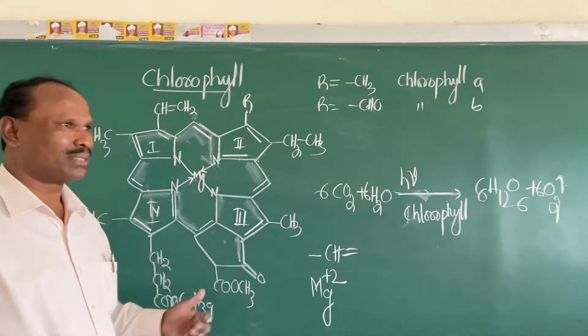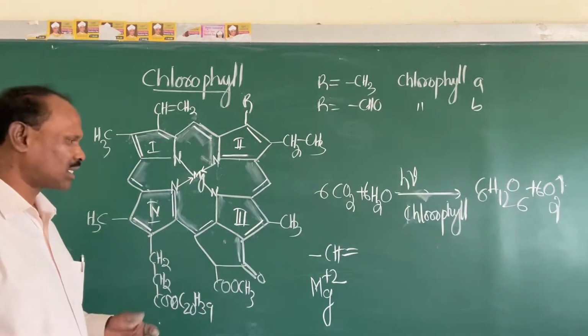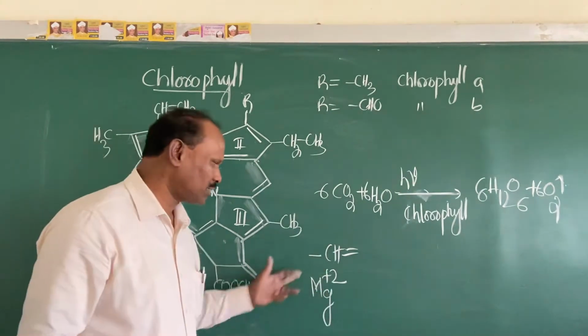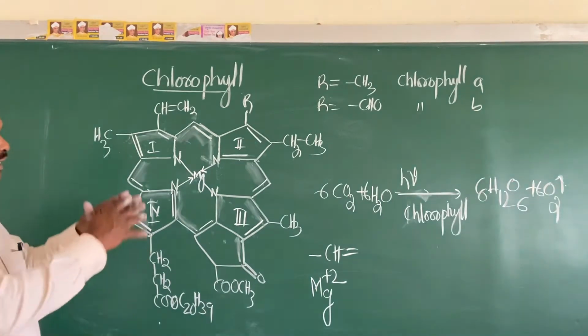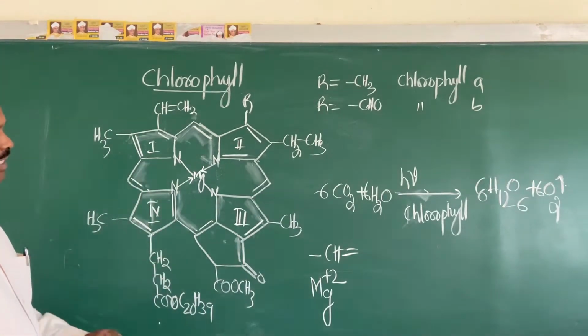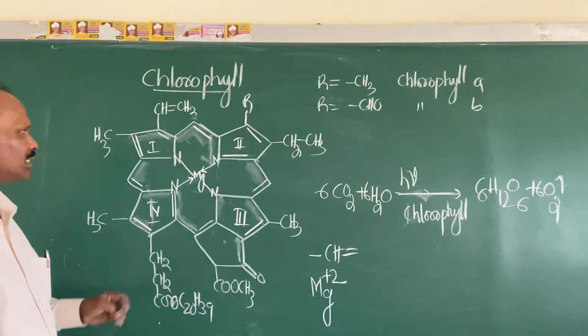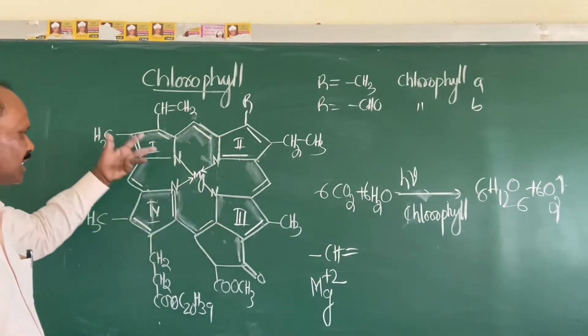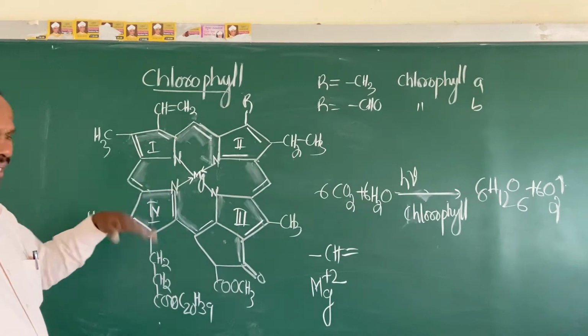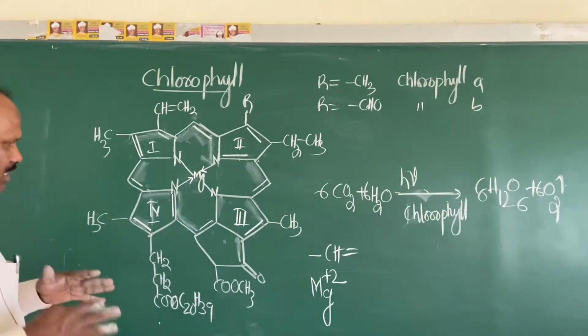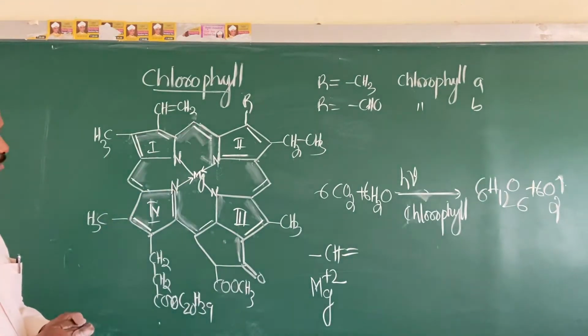Similarly, the leaves are green because of this Mg plus 2 ion. And there is a strong absorption of the sunlight, the solar energy, because you are seeing there are alternate double bonds here: single bond, double bond, single bond, double bond. Because of this, there will be a strong absorption, right?